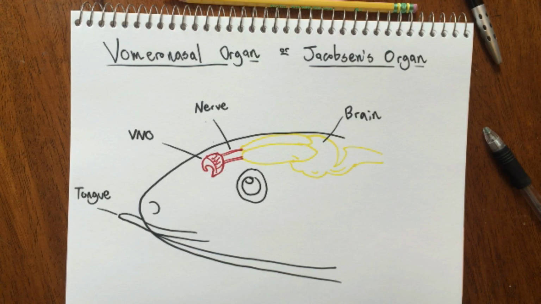This VNO is capable of taking this air and sending a message to the brain, and this message helps the lizards identify danger and safety. They can tell if other lizards are around, or what kind of lizard, and they can also identify food sources this way.